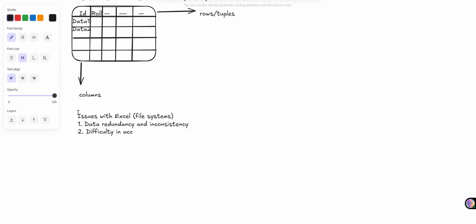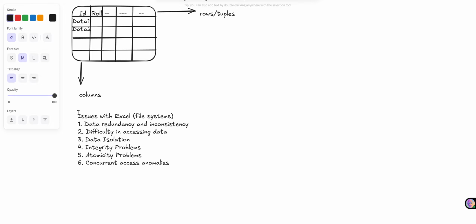Difficulty in accessing data, data isolation, integrity problems, atomicity problems, concurrent access anomalies.